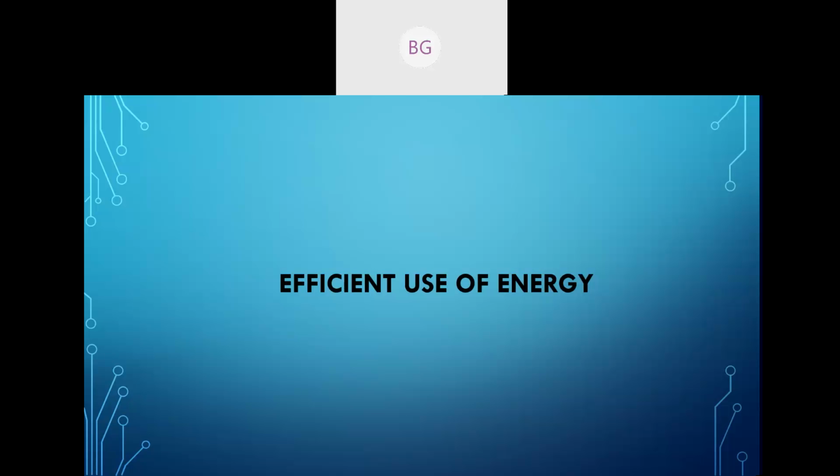That is why nowadays we have LED bulbs, where the brightness given is more and they consume less energy. When it consumes less energy, the electricity bill will also be less. So this is the second example where we can use the energy efficiently.